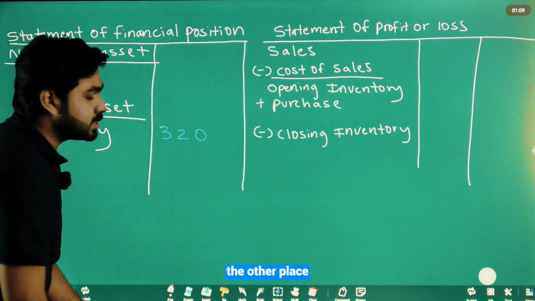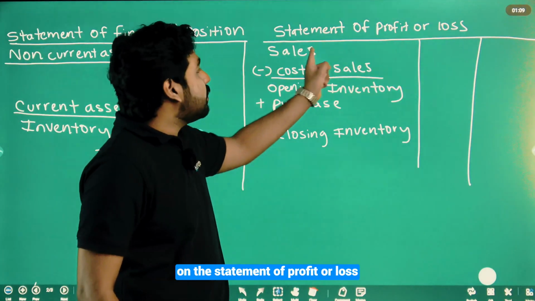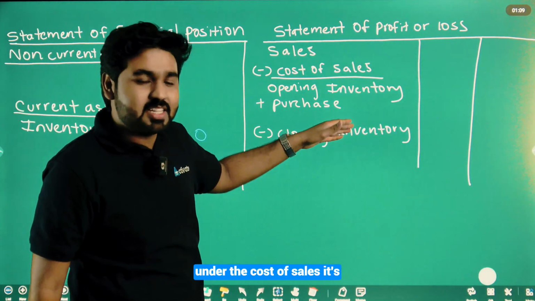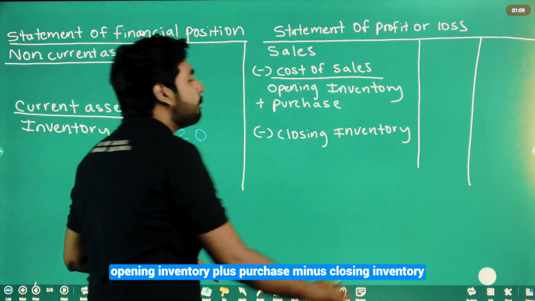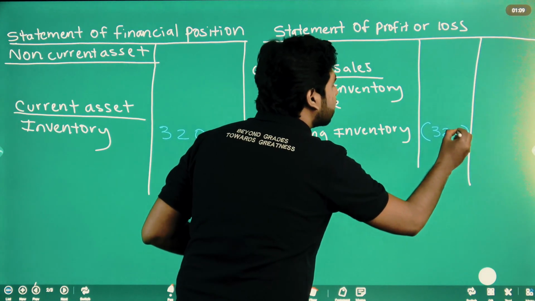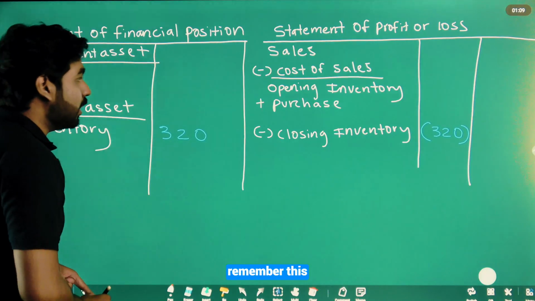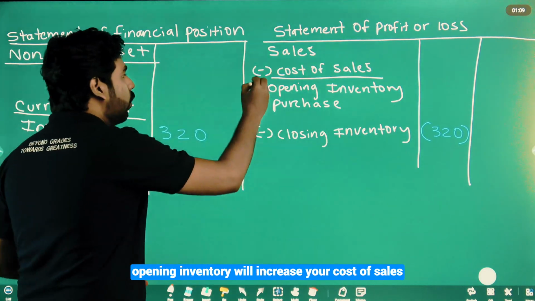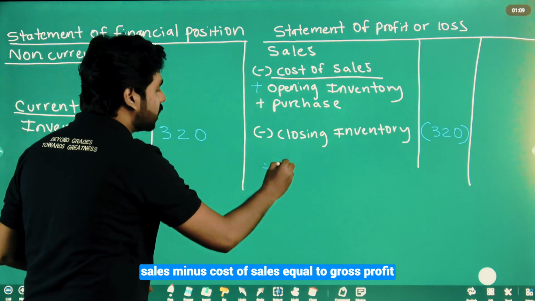The other place where I will have to record this closing inventory is under the statement of profit or loss. Under the cost of sales, it's opening inventory plus purchases minus closing inventory, 320. Remember, this closing inventory will decrease your cost of sales. Sales minus cost of sales is equal to gross profit.